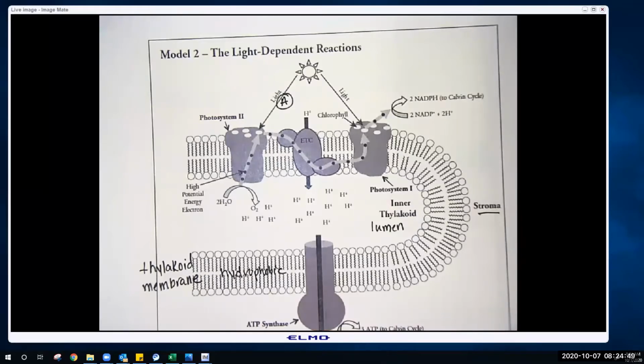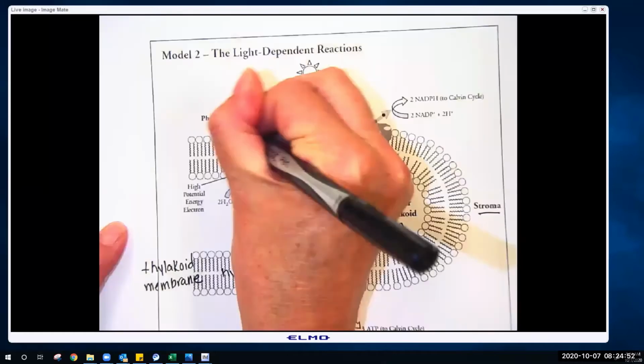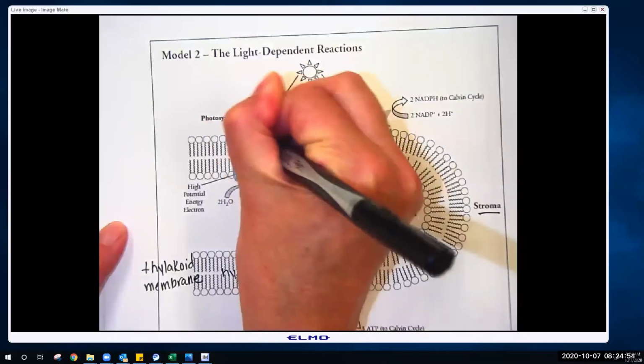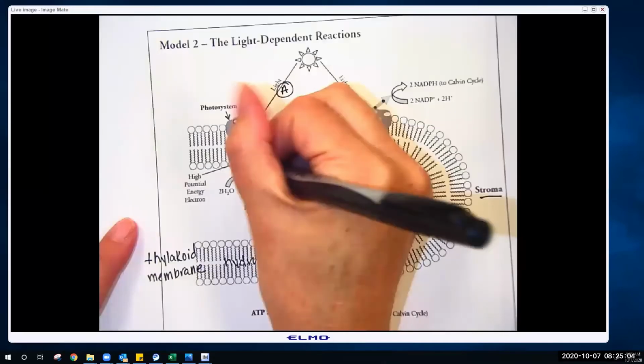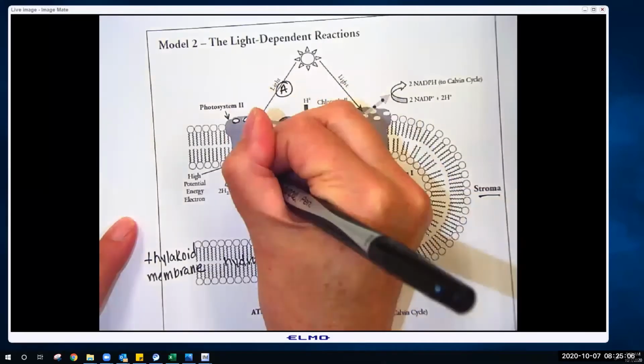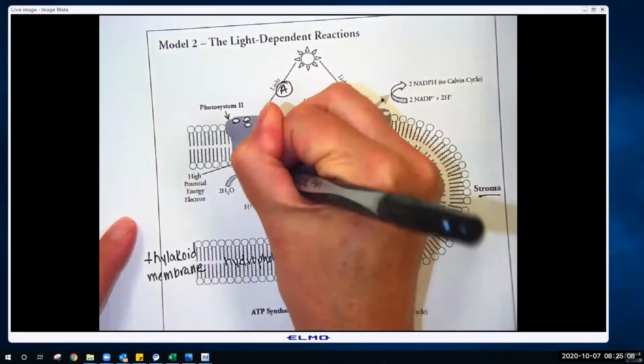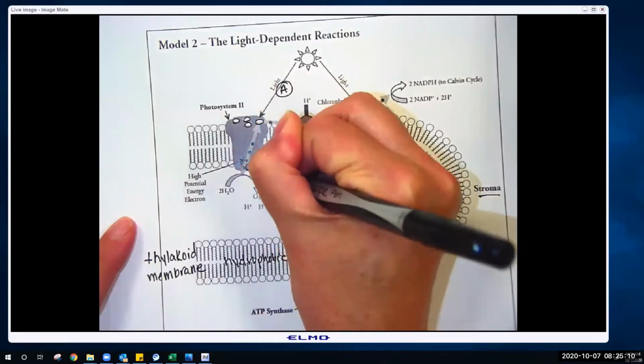Notice that each of these right here are all pigment molecules. And they act like a satellite dish. A satellite dish takes in all of that information, all of that light energy, and it funnels it to one place down here. And the pigment molecule that it funnels it to is going to be chlorophyll A.